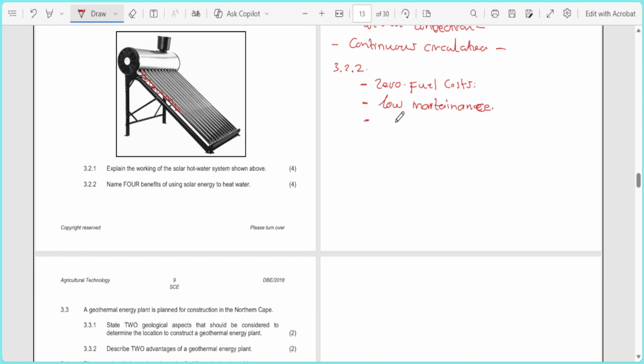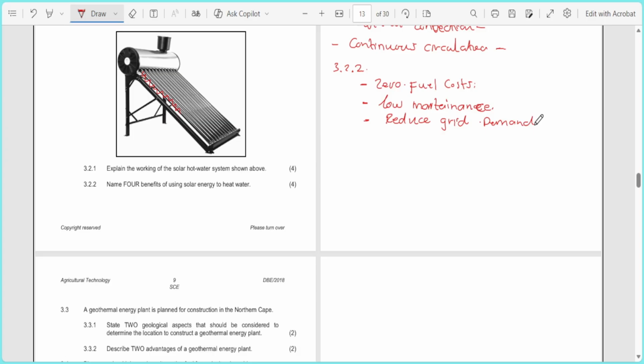So this will also reduce grid demand. Well, this is South Africa. We have something called load shedding, so it's particularly valuable during power shortages. If there's load shedding involved, the solar system actually helps the grid, right?